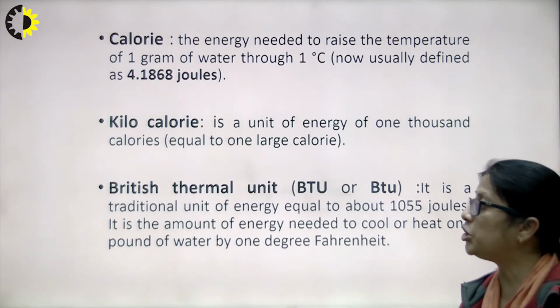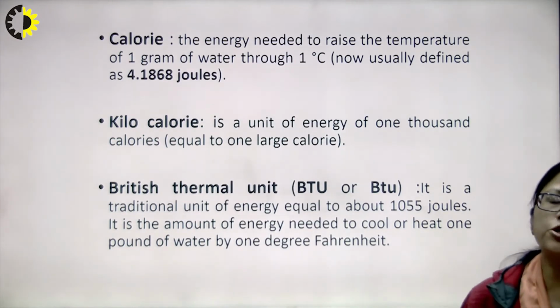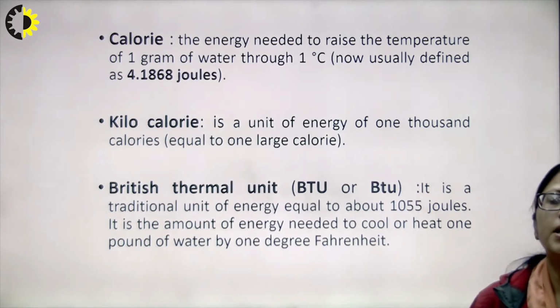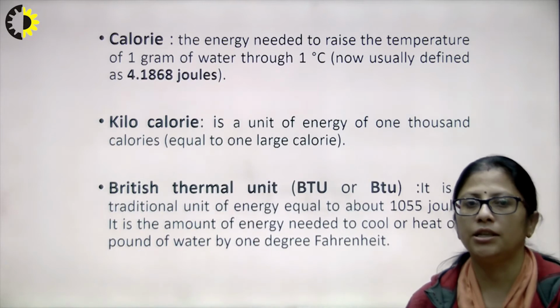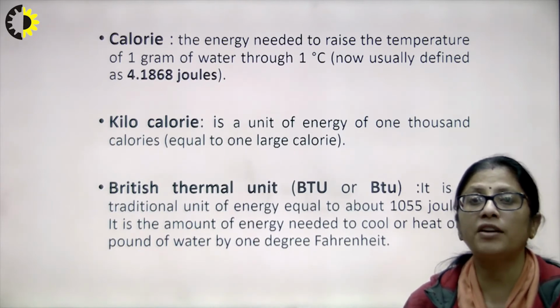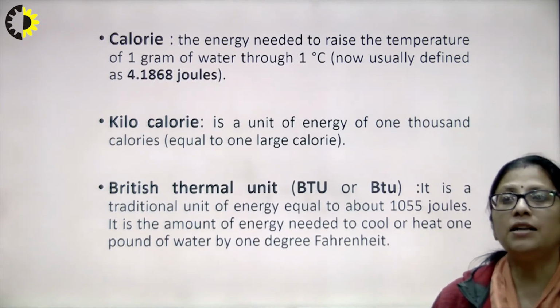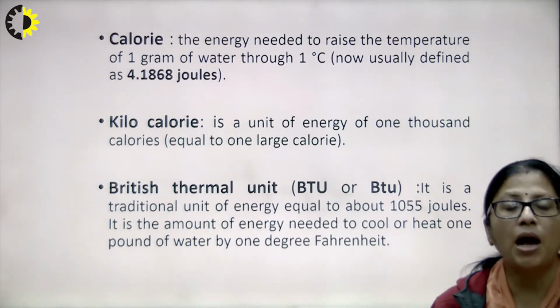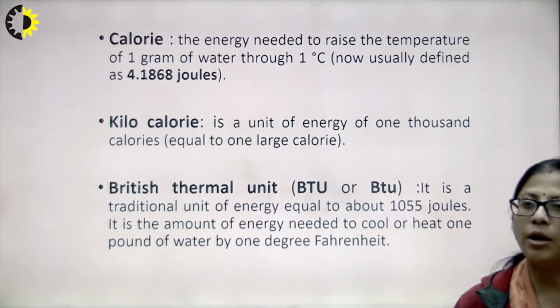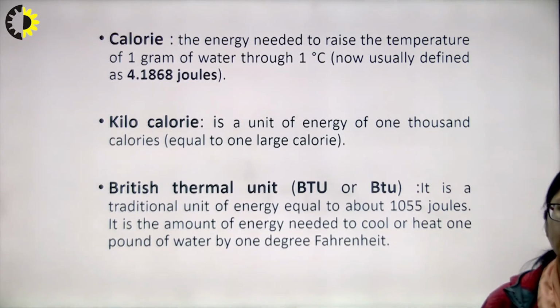Then we have the British thermal unit, represented in short form as BTU. It is a traditional unit of energy equal to about 1055 joules, and it is the amount of energy needed to cool or heat 1 pound of water by 1 degree Fahrenheit.